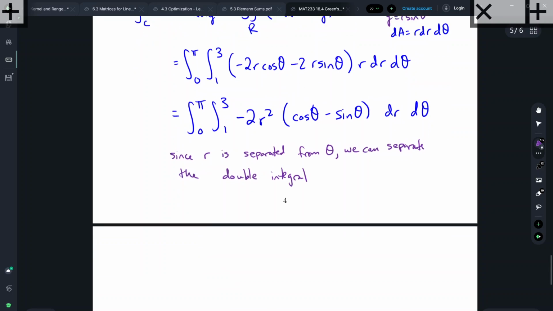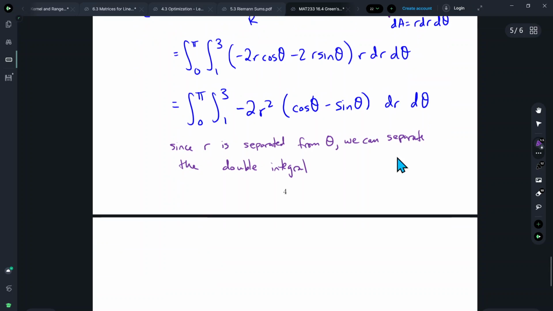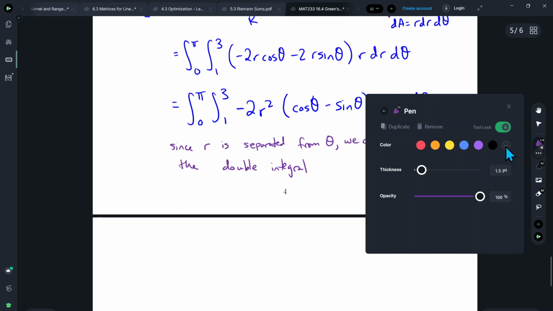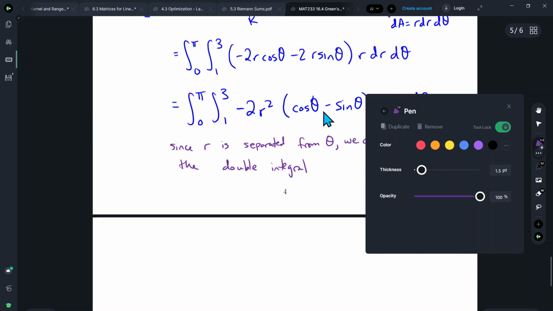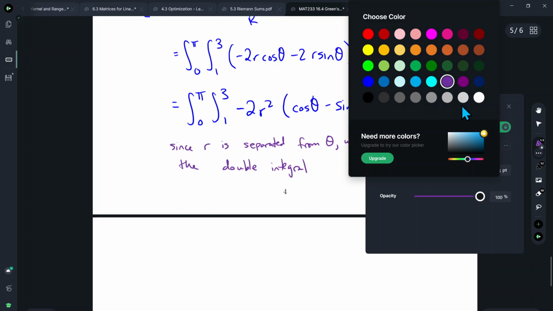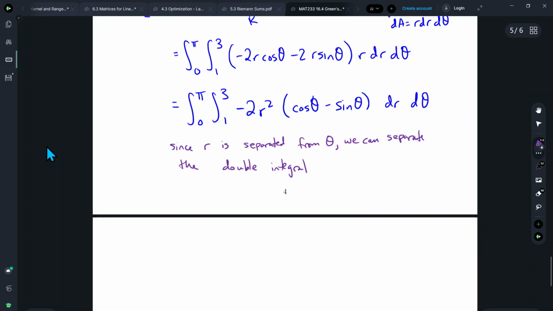Okay, so what do I mean by this? And one other thing before I separate the integral, right? The limits of integration also don't depend on r or theta, so that's also important. So let me backtrack a little bit.